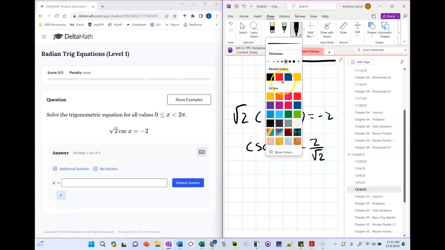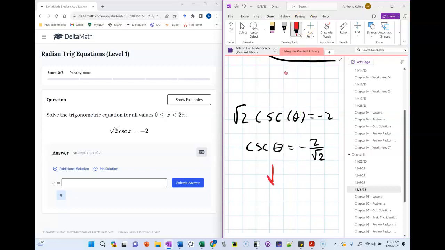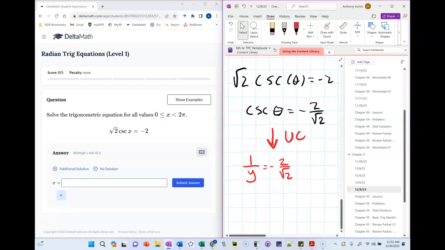Now the trig function is by itself. So if I go to the unit circle, what is cosecant? The reciprocal of sine, which means it's 1 over y. Or probably more practically, I'm just going to flip both sides and do that, right? Is everybody okay with that?